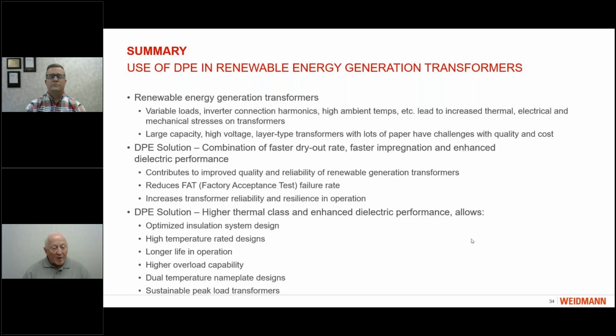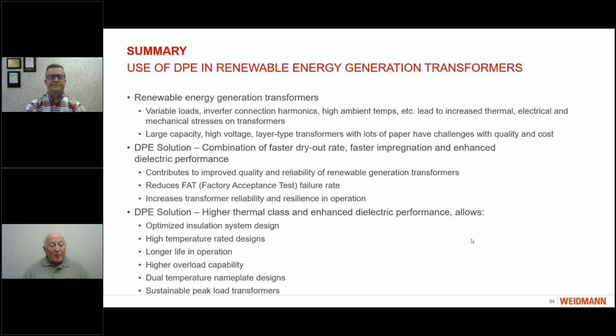Then we discussed the proposed solution, which is enhanced DPE insulating paper that can be used either with mineral oil or esters. And this paper has several advantages. For example, combining faster dry out, faster impregnation, and enhanced dielectric performance, we can expect improved quality and availability. We can expect reduction of factory acceptance test failure rates and increased transformer reliability and resilience.